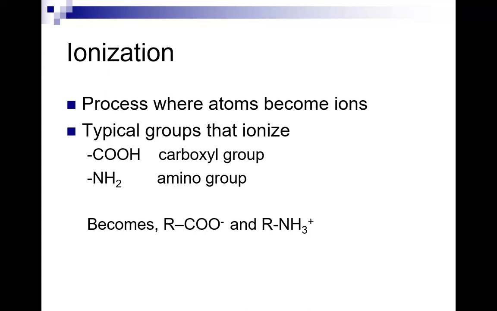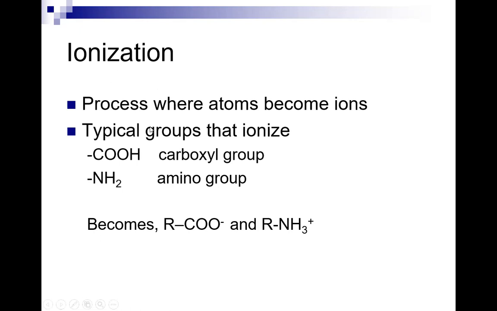So ionization, you basically are taking atoms and they're becoming ions. That means that they are either gaining or losing electrons. It can happen with just a single atom, or you can have groups like carboxyl groups and amino groups that can be ionized.